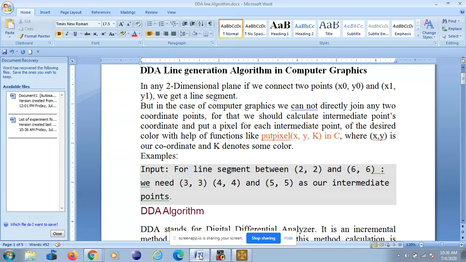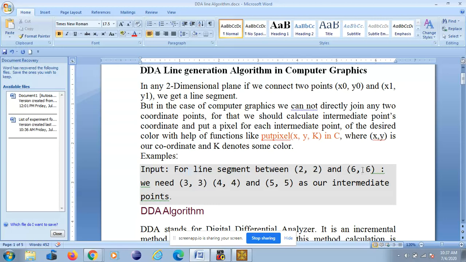As one example, if you want to draw a line segment between these coordinates, 2 comma 2 and 6 comma 6, where 2 is the value of the x coordinate and here 2 is the value of the y coordinate, and here also it is the same.